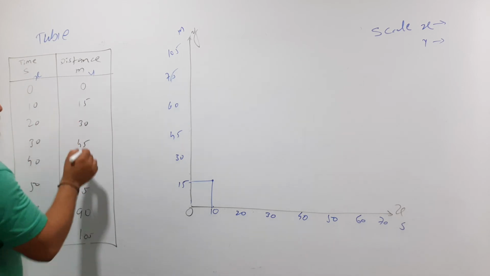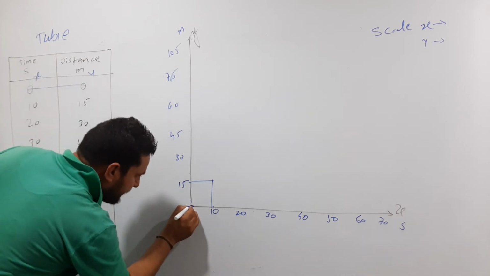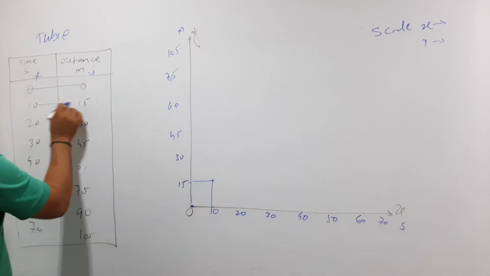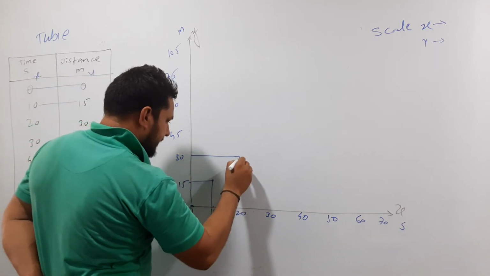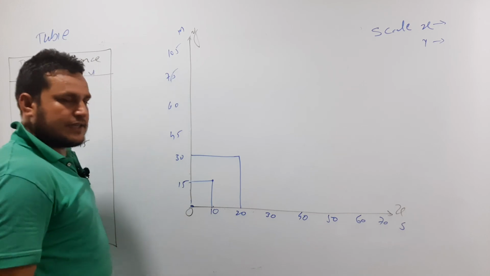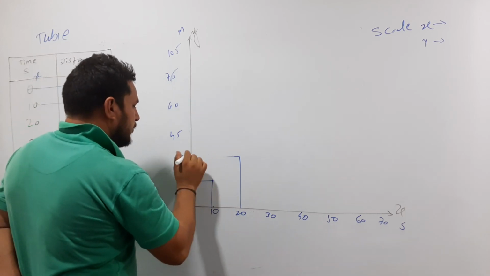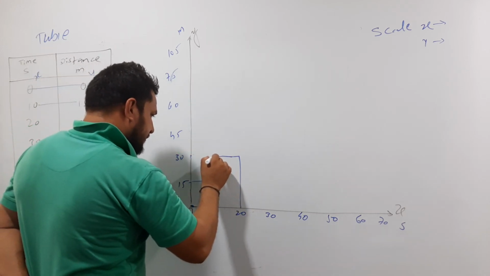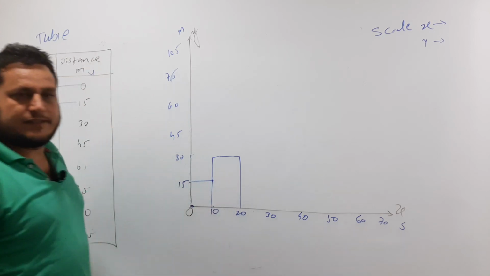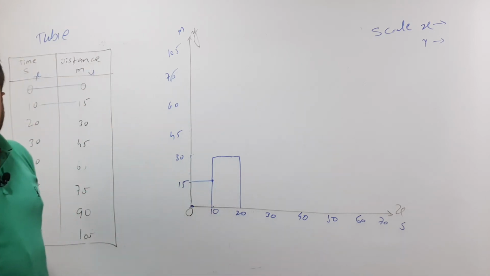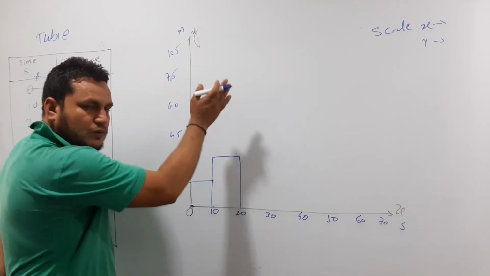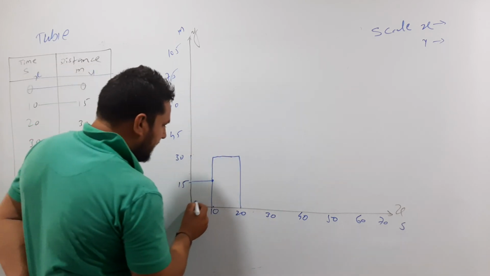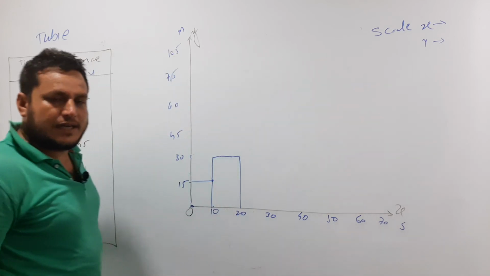Second is 10 to 15. Then 30 to 20. There is no need to draw this side again, so we can show it like this clearly. Or if you want to draw a line graph, then there is no need to draw these lines; you just directly connect them using a line.